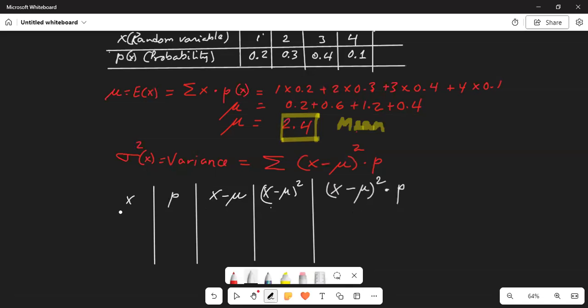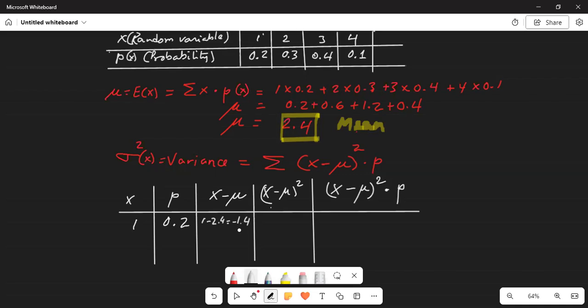Okay, so let's draw a line. My first x value is 1. My corresponding probability is 0.2. My x minus mu is 1 minus 2.4, which is minus 1.4. And then I need to square that. You know the square of a negative number is positive because the negative symbol appears twice.